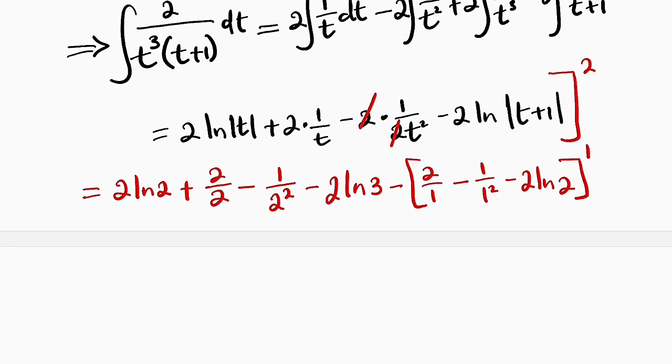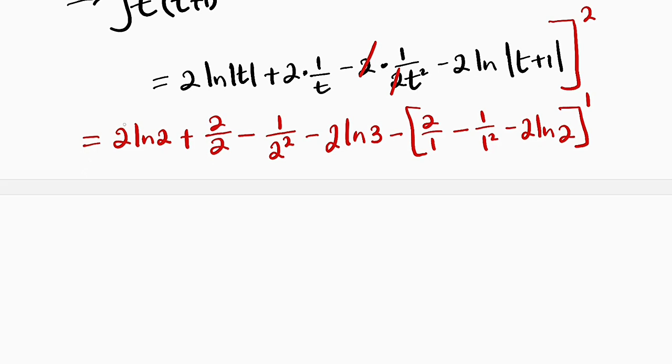So we only need to simplify. Remember that this 2 can serve as a power of this 2 according to one of the laws of logarithm. And 2 to the power of 2 is 4. So this is natural log of 4. This is 1 over 4. Minus, this 2 can serve as the power of 3, and 3 to the power of 2 is 9. So we have natural log of 9.